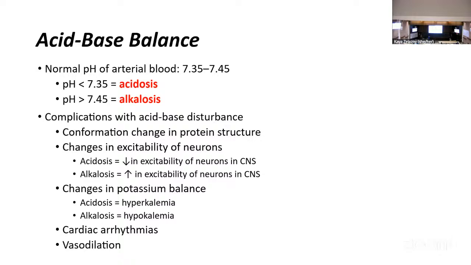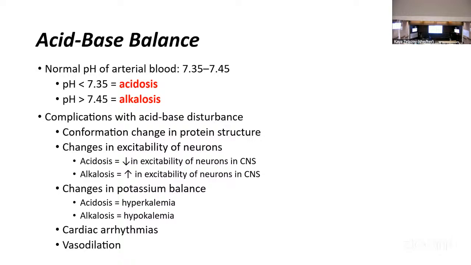We will talk in the future about the fact that your kidneys are also balancing other things, in particular sodium and potassium. When we get there, we're going to see that acidosis, too much acid in your blood and too low a pH, tends to be associated with too much potassium as well.